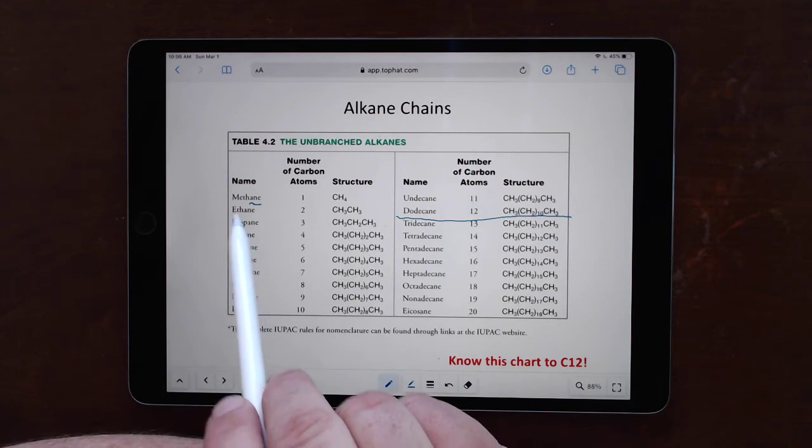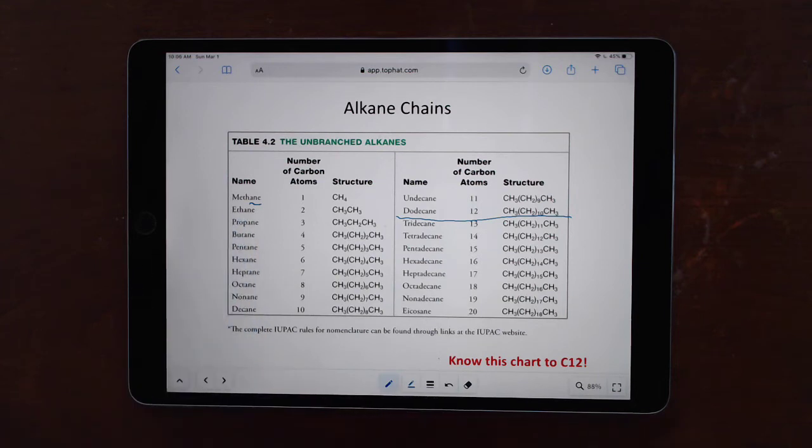Propane, the prop actually comes from pro, which means first. It comes from propionic acid, which is a 3 carbon carboxylic acid. It's the first one that is not infinitely soluble in water.